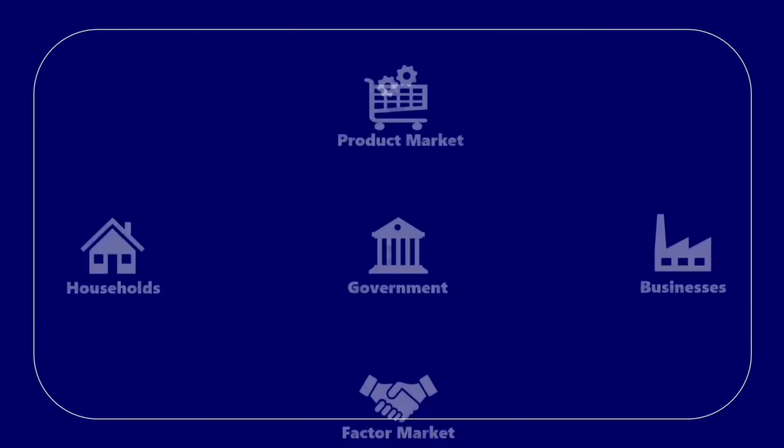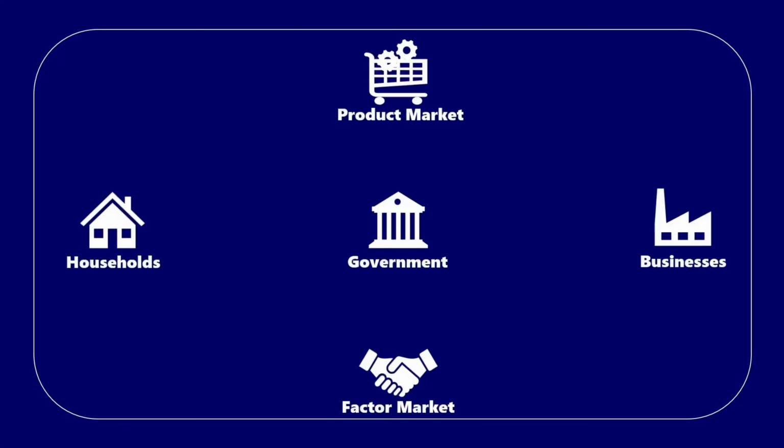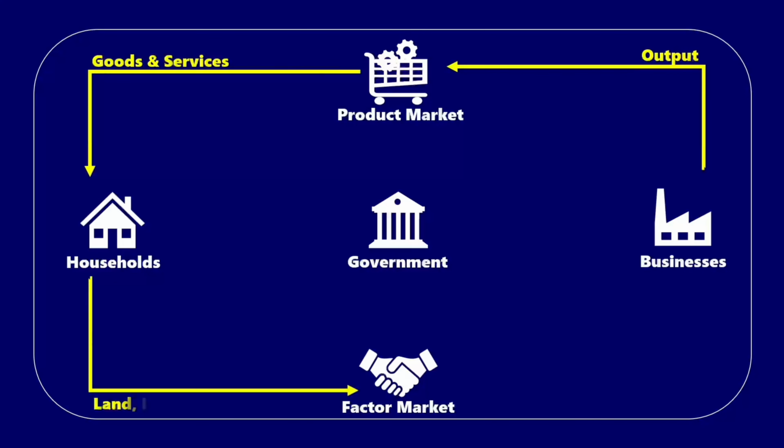Let's zoom out and see the economy as a simple loop. This is a circular flow model, and there are 4 players here: households, businesses, and the government, and the 2 markets that connect everything: the product market on the top and the factor market on the bottom. Okay, let's start with the real stuff we see every day.